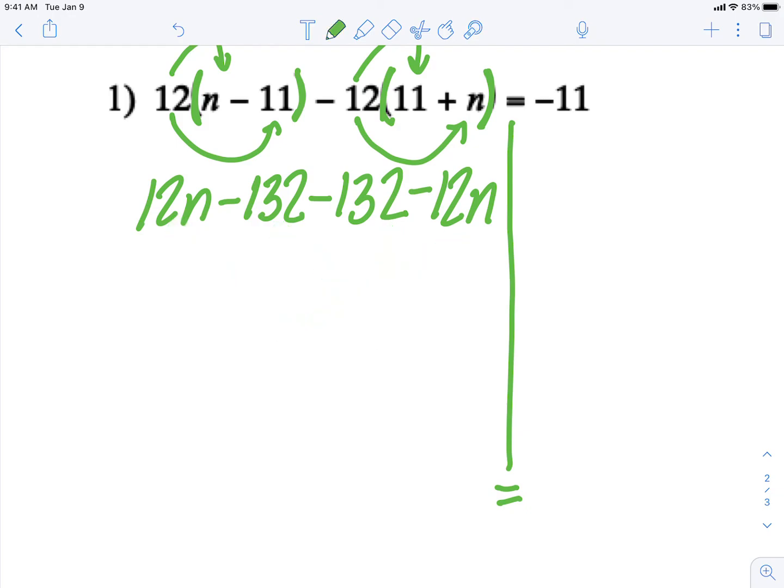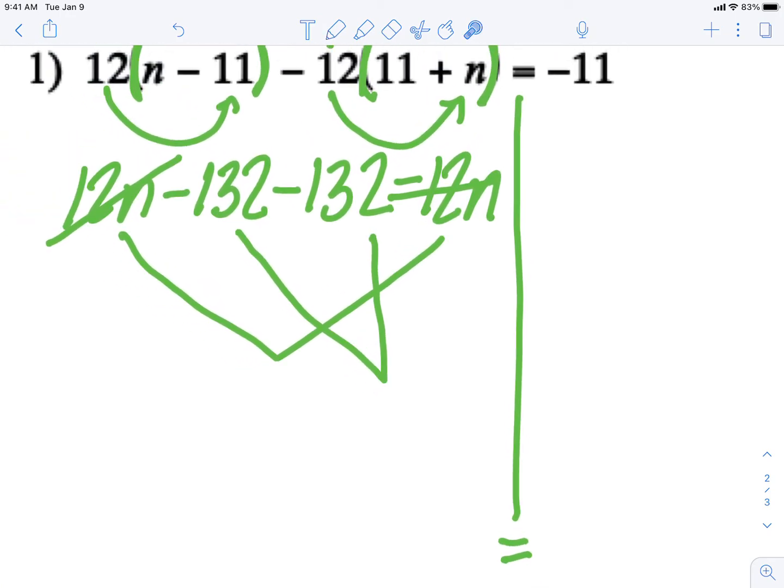So let's do these. 12n minus 12n, and negative 132 goes with negative 132. So let's do this one first. 12n take away 12n is 0n, right? So we technically don't have to write anything. These cancel out. 12n minus 12n cancel each other out.